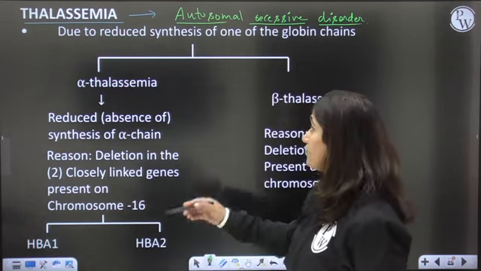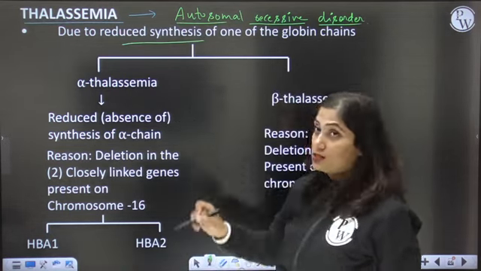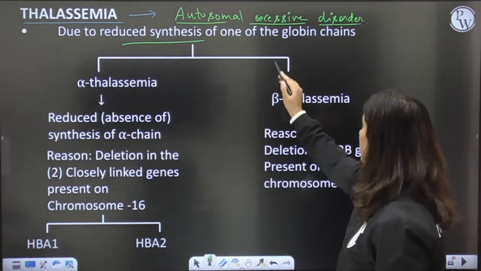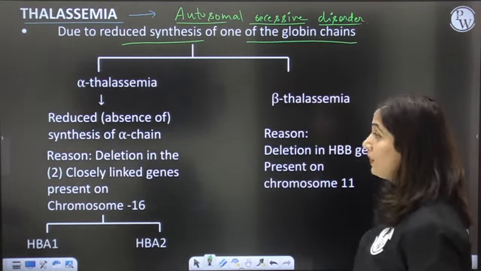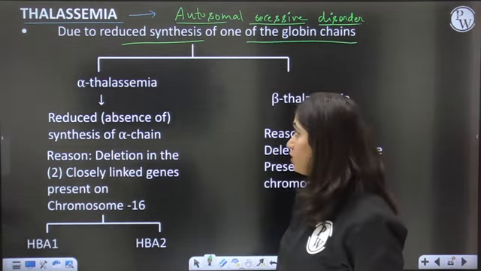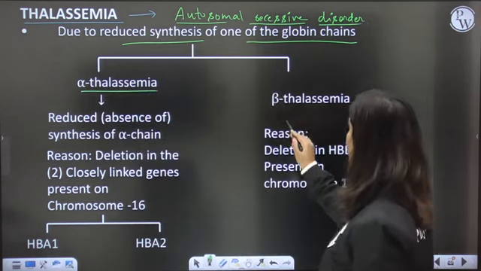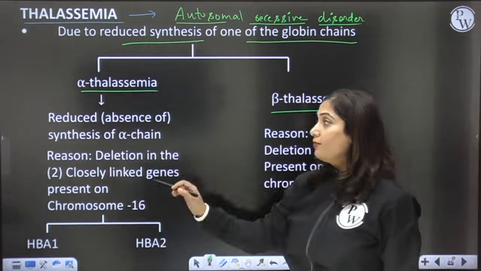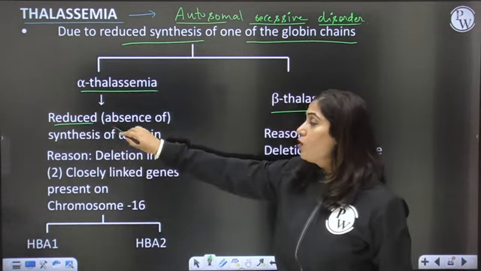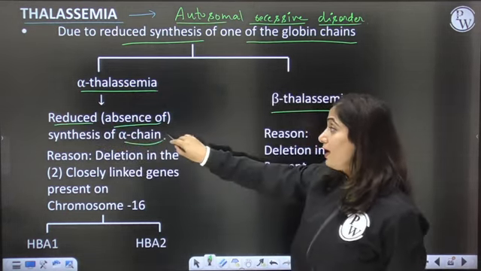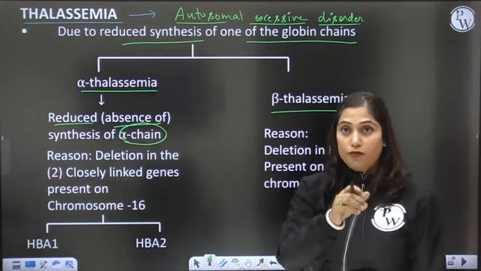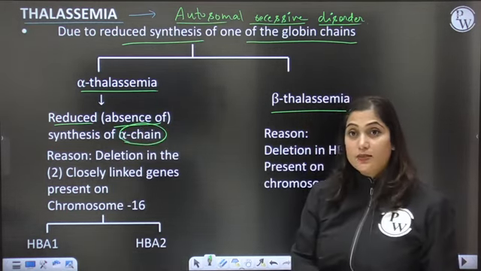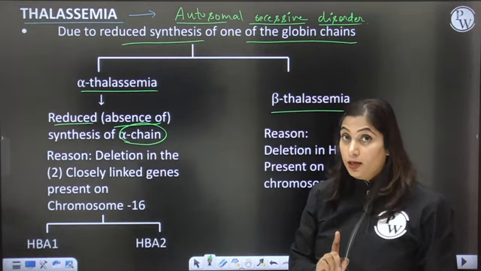Okay, so it is formed due to reduced synthesis or absence of synthesis of one of the globin chains. So based on that, thalassemia is of two types, alpha thalassemia and beta thalassemia. In alpha thalassemia, there is reduced or absent synthesis of the alpha chain. The alpha chain will not be formed. And what is the reason behind this? Important. Learn with me.